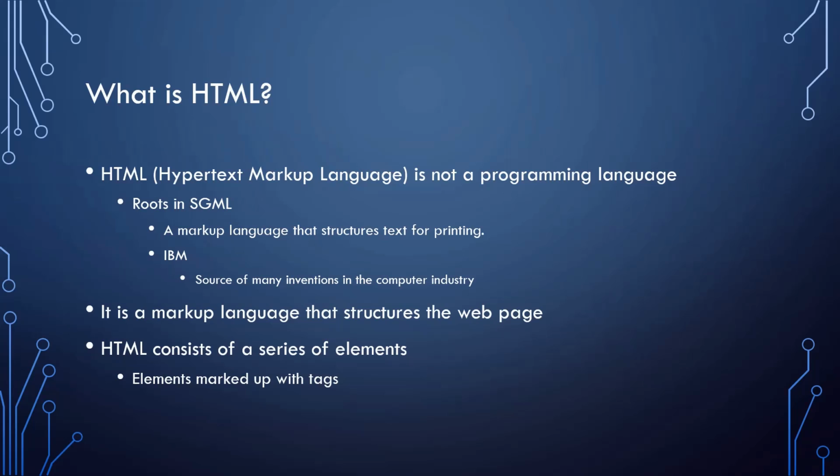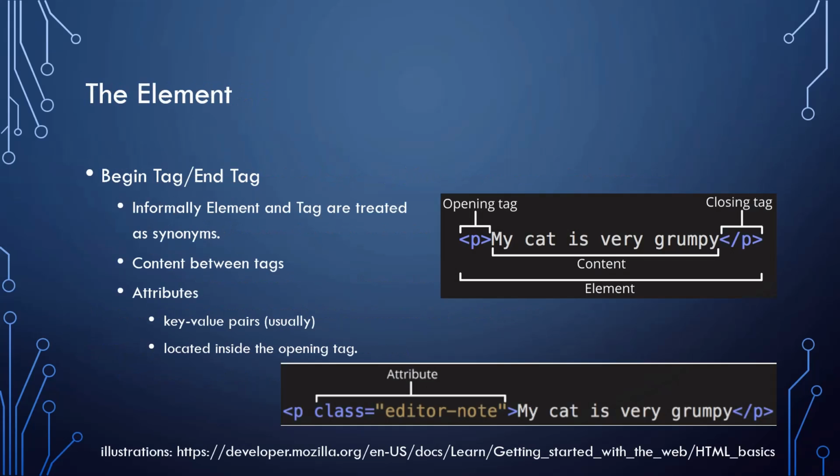So it's a markup language, as we've said, that structures the web page. HTML consists of a series of elements, and elements are marked up with tags. Getting inside the interior of the element, look at this illustration on the right. The entire thing is the element, which consists of the opening tag and the closing tag. Here, this is the paragraph tag.